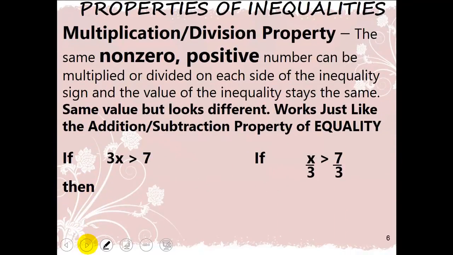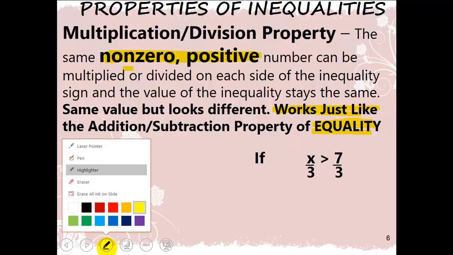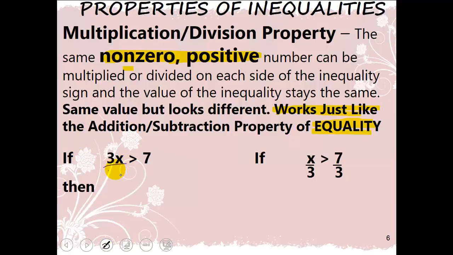So that leads us into the multiplication and division properties, which we now have two of. When we're talking about a non-zero positive number that we're multiplying or dividing by, it works just like the equality property, and I don't change the direction. So if I divide by 3, x is greater than 7/3.